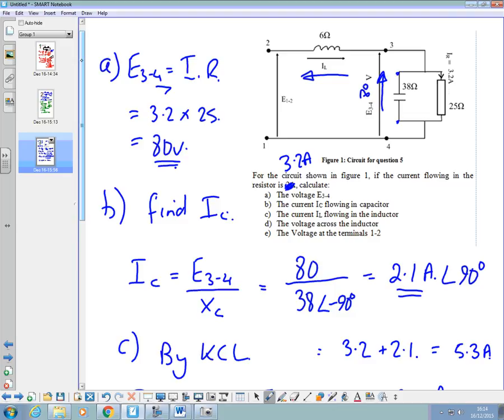Normally you expect the supply to have the zero angle, but because we work back from this way, we've effectively got this voltage at a zero angle. That one's going to have an angle now. If we start at that end, we'd start with that at 0, and we'd have a voltage here that had an angle associated with it. Okay, you all right with that?